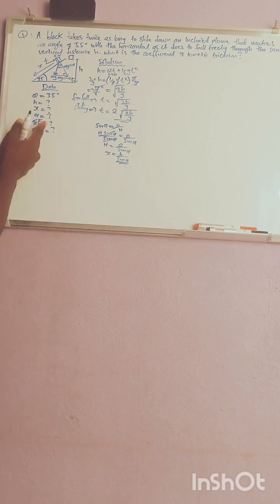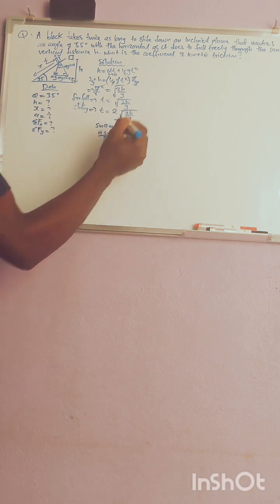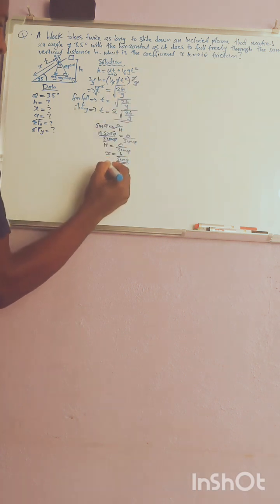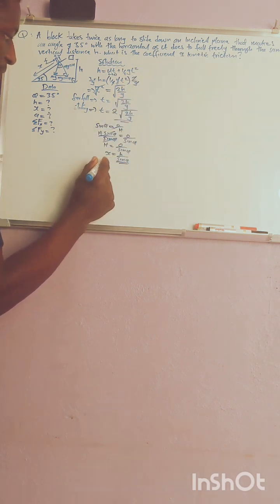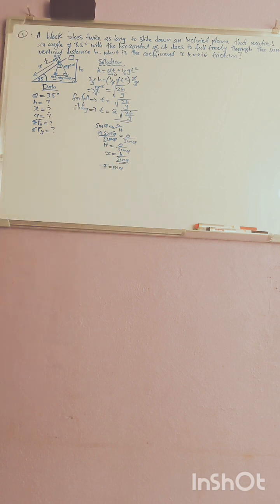Okay, so now, having found that, let's find the acceleration. How do we find the acceleration? We know that force is equal to mass times acceleration. So now what is the force?